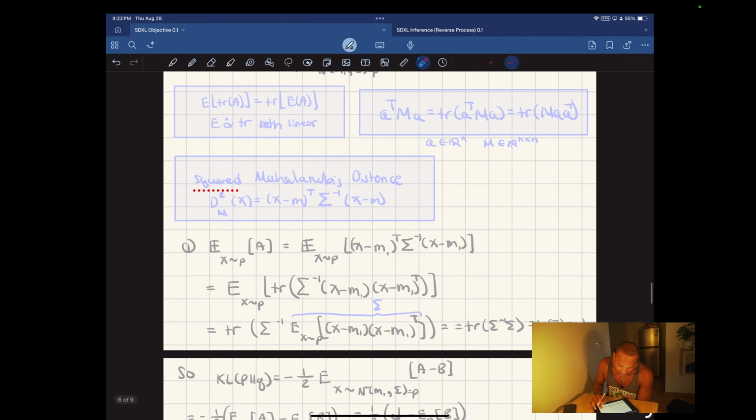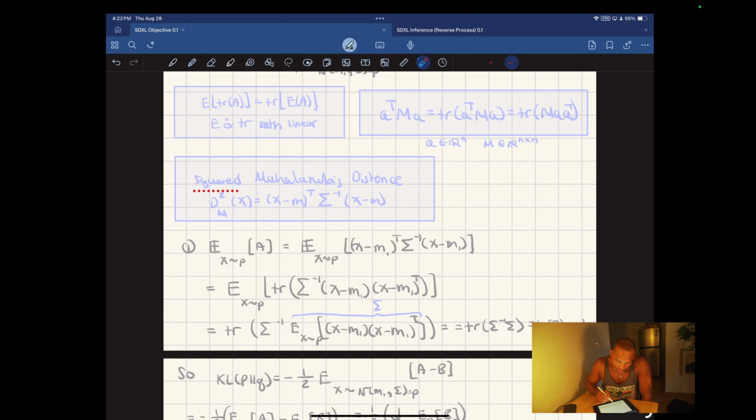By the properties of trace, if this is a scalar, then a scalar is equal to the trace of a scalar. But that's not the important part. The important part is that when you wrap it in trace, you get to reorder the terms inside of the trace.